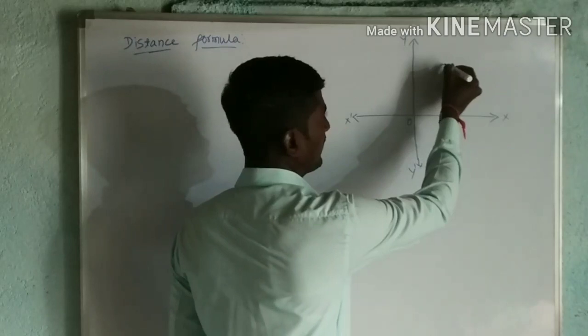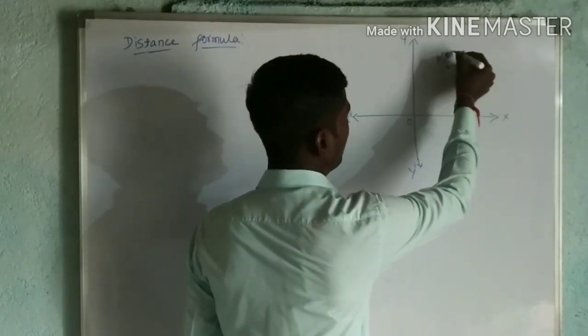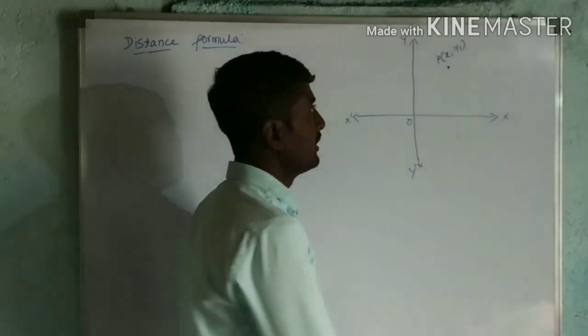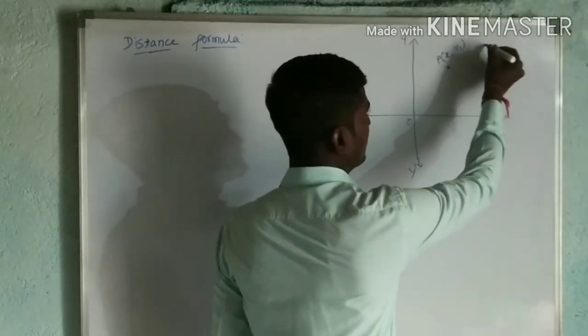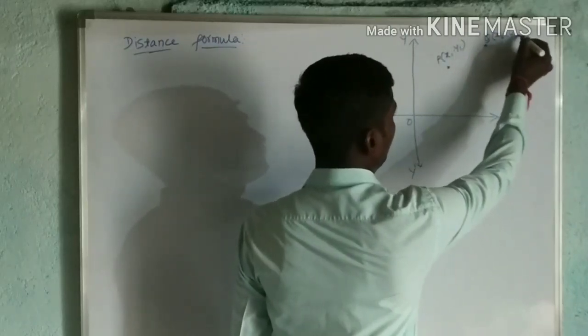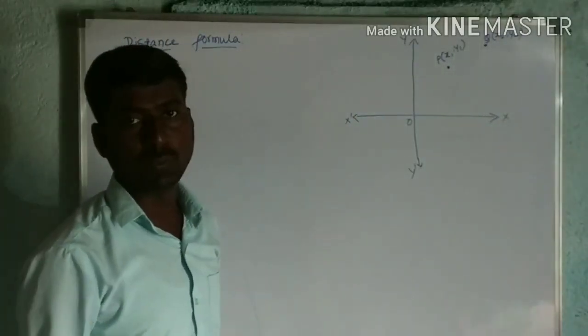Let us take 2 points in the xy plane. I will take one point here, P(x1, y1). Now I will take another point Q here, and mention it as (x2, y2). There are 2 points I have taken here.